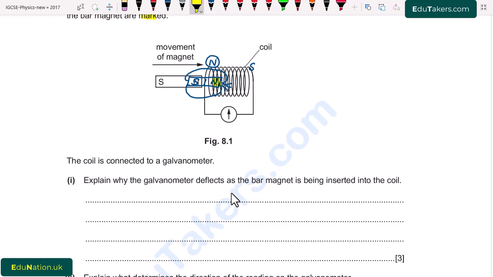If the bar magnet tries to enter the coil, the coil induces a magnetic field that is of opposite direction to that of the bar magnet. In this way there will be an induced EMF in the coil, and as a result there will be an induced current, which is detected by the galvanometer, so the galvanometer shows deflection.